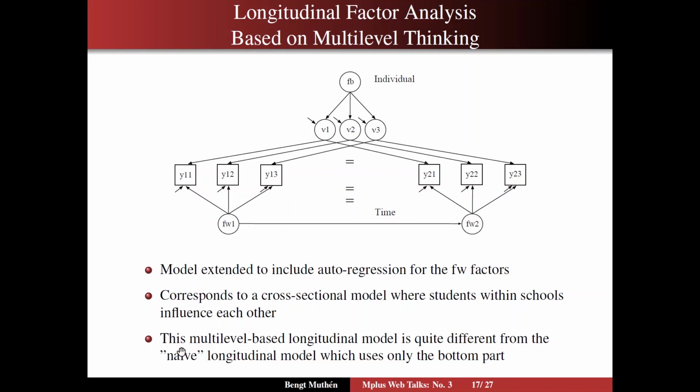So this multi-level based longitudinal model is quite different from the usual naive longitudinal model, which uses only the bottom part here, perhaps adding some correlated residuals across time where you would need them, but not in this disciplined fashion of having one set of random intercepts that have influence on all the outcomes at both time points.